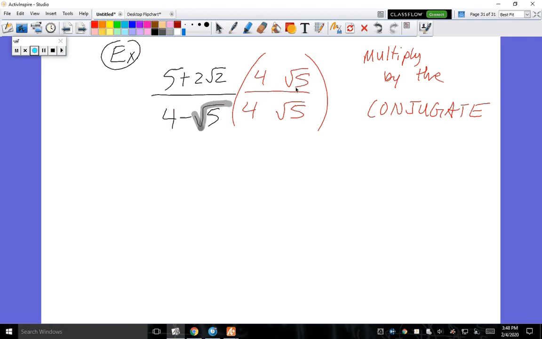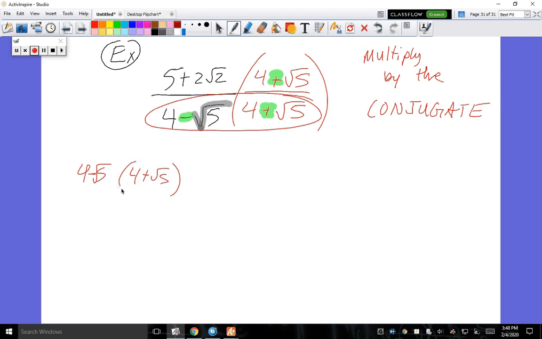The only difference is your goal is to do the opposite sign. Because guess what I'm looking at right now? Not 0, but a difference of squares. Nice. Difference of squares, and look what happens. 4 minus root 5. 4 plus root 5.